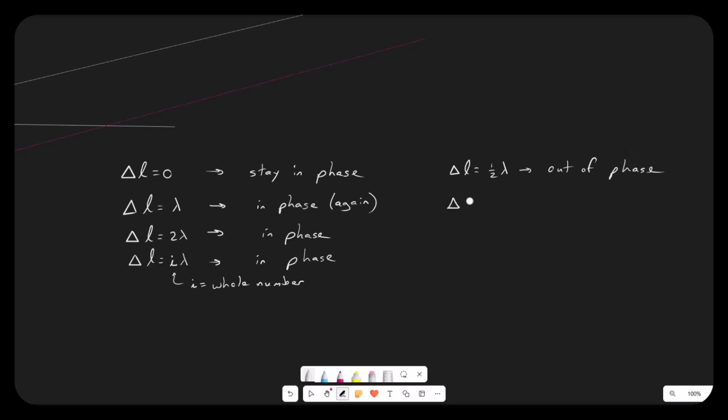If I get a path length difference of 1.5 lambdas, I'm out of phase. And so on. If I get a path length difference of a whole number plus a half lambda, I is still a whole number, then I'm out of phase.